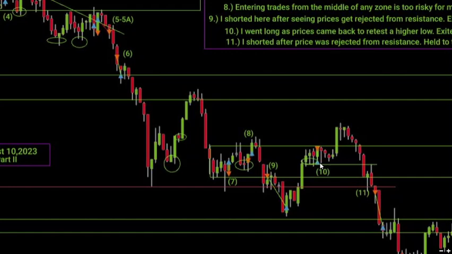So that means that buyers were buying this level for 4 minutes straight, and the sellers, no matter how strong the downtrend was, they just were not able to generate enough momentum to push prices back down to the bottom of the zone at this point. So I said, okay, the most logical direction for prices to go right now would be back up to the top of the zone, and then we'll see what happens from there. So that was pretty much my mindset on trade 10.